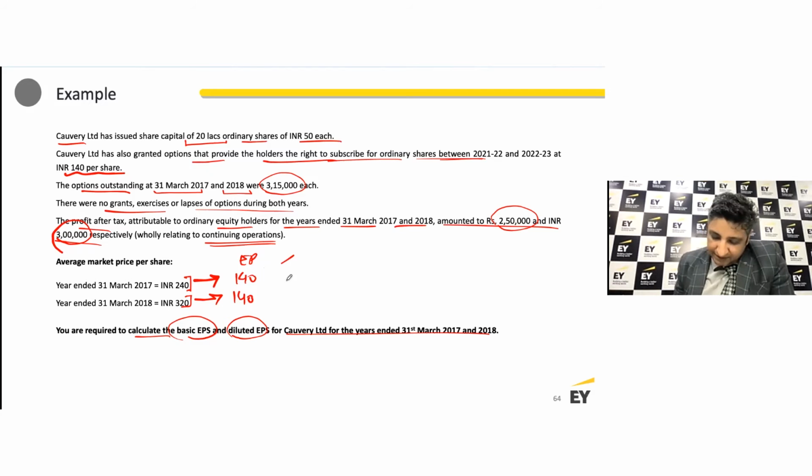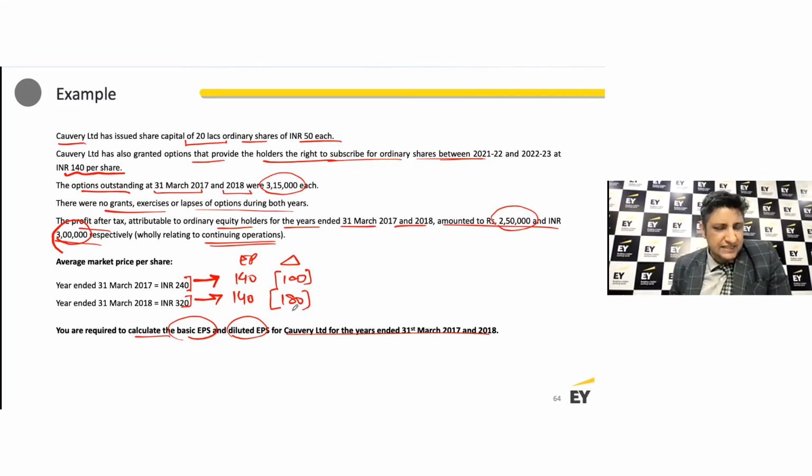Now, the difference that you see is 100 and 180, right? For the year ended 31st of March 17, the delta or the difference is 100 rupees. And for the year ended 31st of March 18, this difference is 180 rupees.